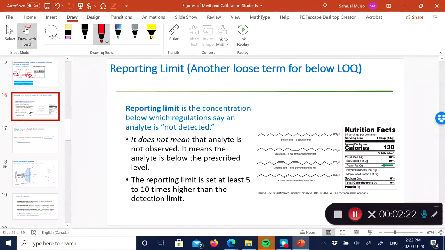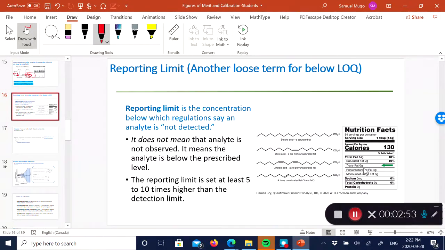You'll also find in the literature people talking about reporting limit. And this is a concentration below which the regulatory bodies say the analyte is not present. For example, you take a product, in this case maybe a lipid or a fat product, and these are the nutritional facts. And then they indicate, in this case, for example, there's only 0 grams of trans fat.